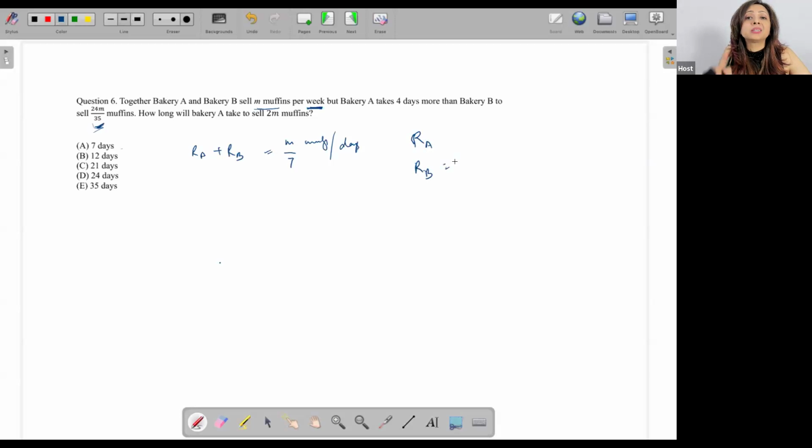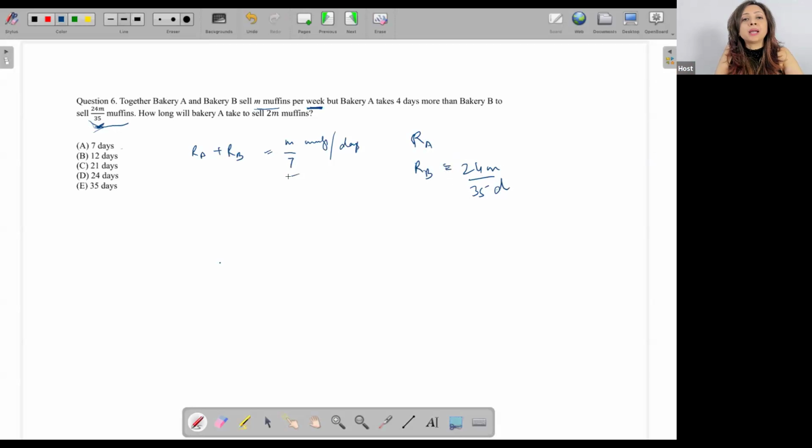I have been given that bakery B sells 24M upon 35 muffins in, let's say, D days. We are assuming a variable here. So this is work upon the time taken, which means upon D. So my rate of B is this.